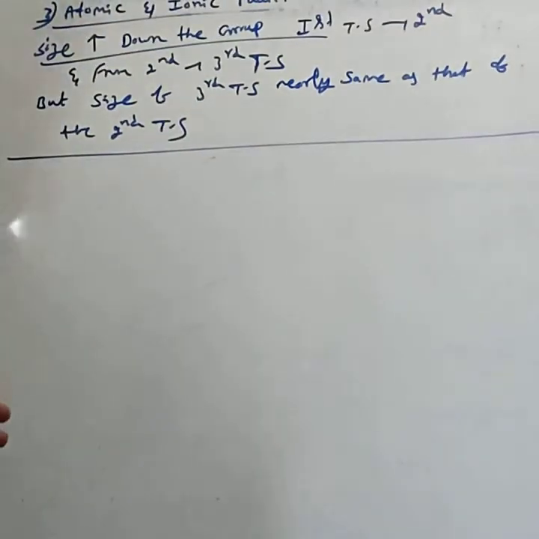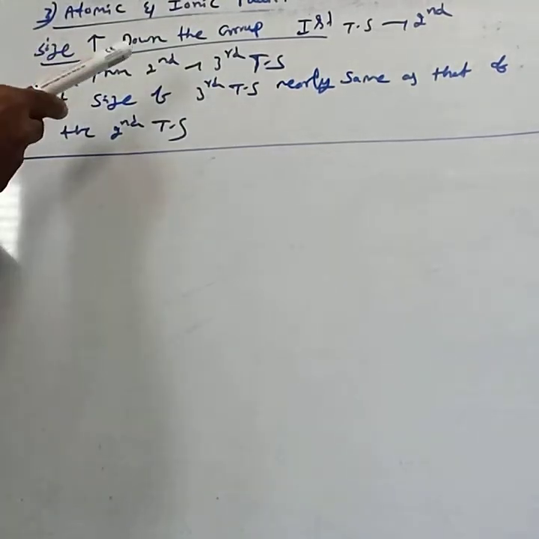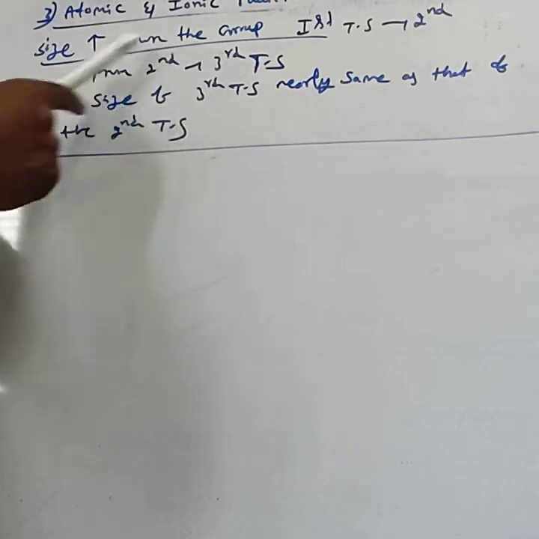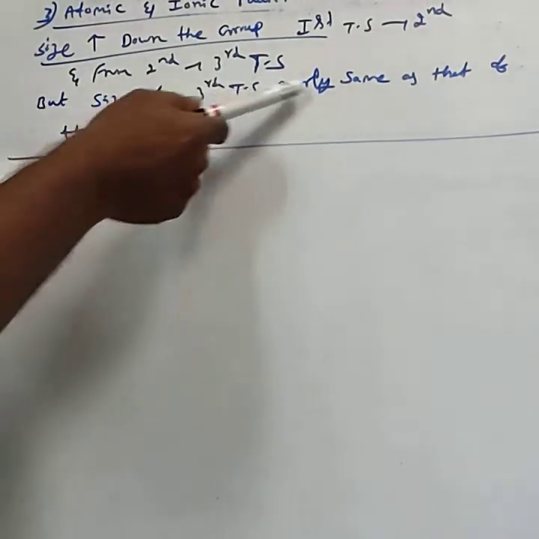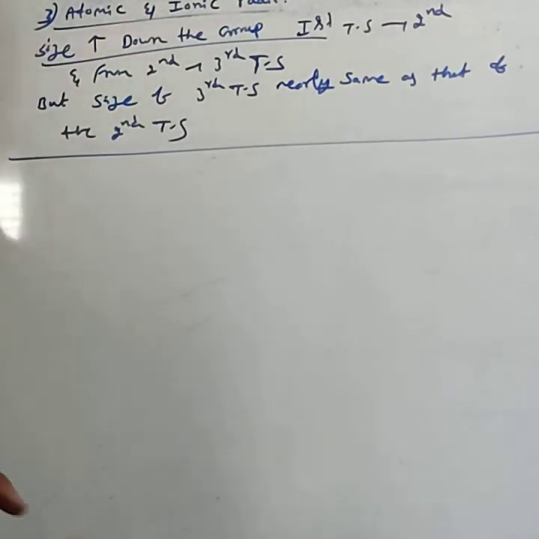Actually, atomic and ionic size increases down the group from the first to the second transition series, and you would expect the third to be larger. But if you observe the values, the size of the third transition series is nearly the same as that of the second transition series.